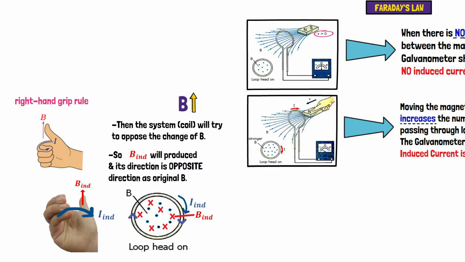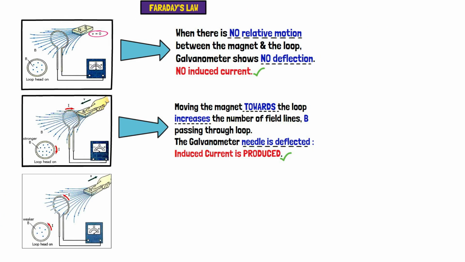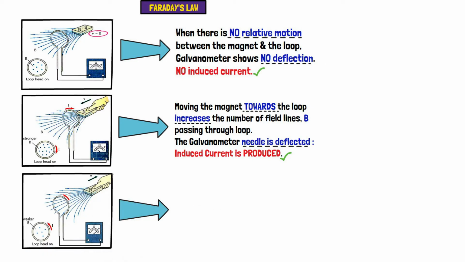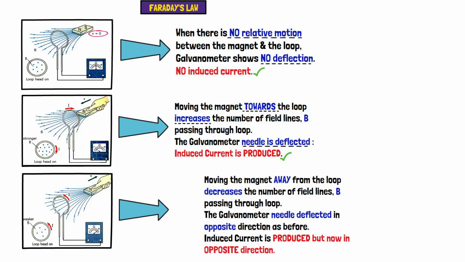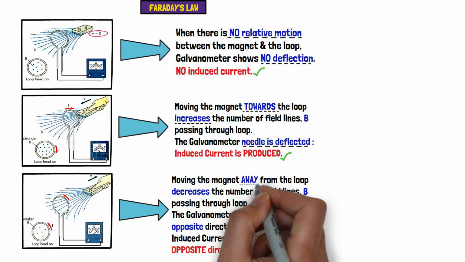Bagaimana pula untuk kes yang ketiga, di mana keadaan kali ini the motion of the bar magnet is moving away from the coil. Dia gerak menjauhi coil tersebut. Bila buat eksperimen ini, kita akan nampak when the bar magnet is moving away from the loop, apa yang berlaku?